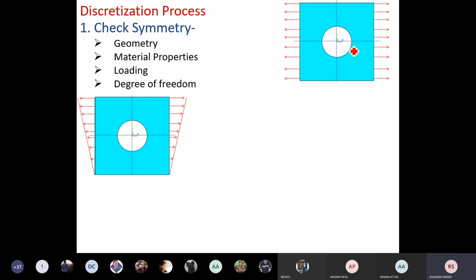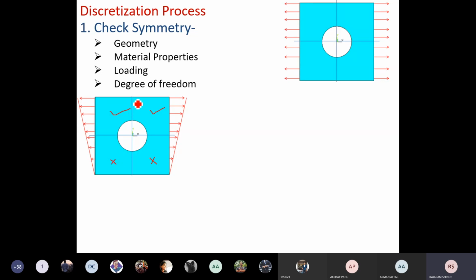Here we cannot reduce this problem like this, because loading is symmetric about only vertical axis, not symmetric about the horizontal axis. So when we solve this problem, we will get the same result at this location and at this location. We will not get same result at this location, but result at this location is same to result at this location.